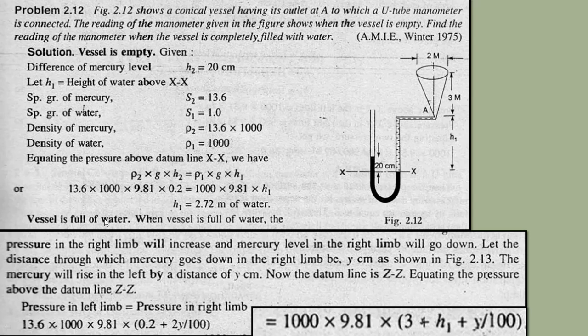Then the vessel is full of water. When the vessel is full of water, the pressure in the right limb will increase and the mercury level in the right limb will go down.